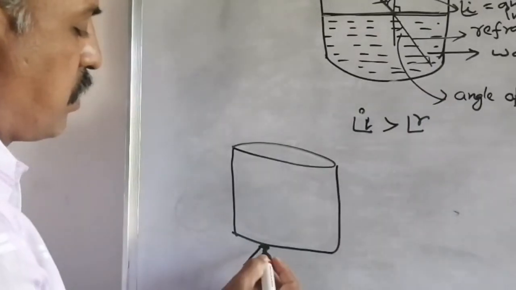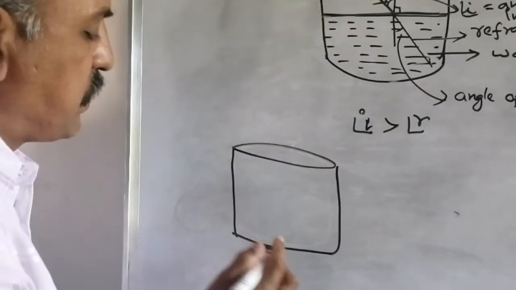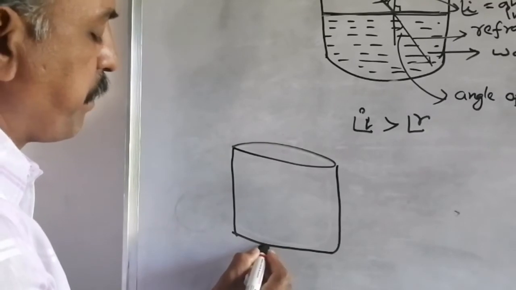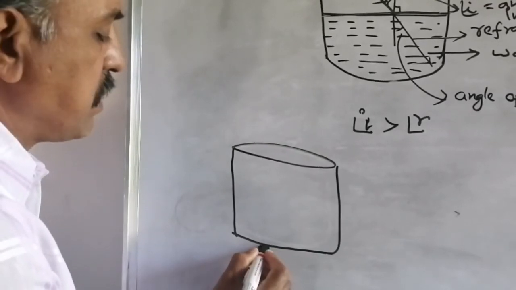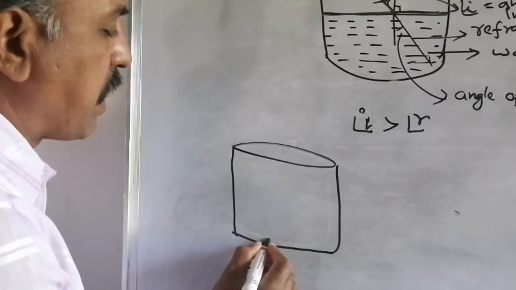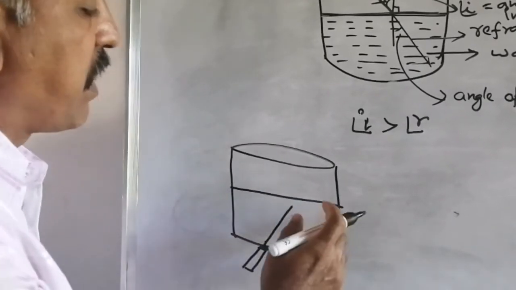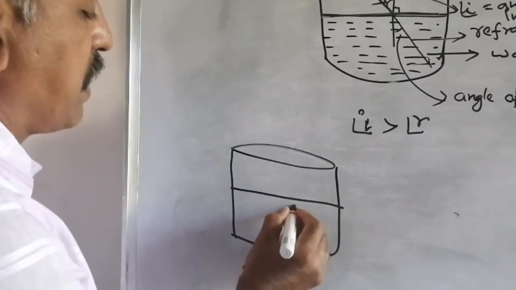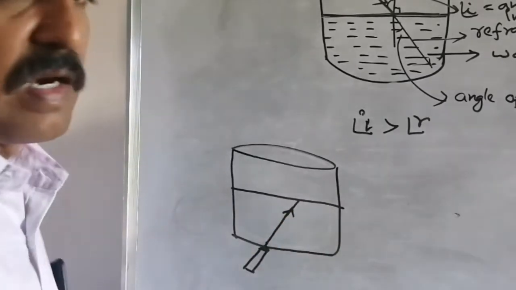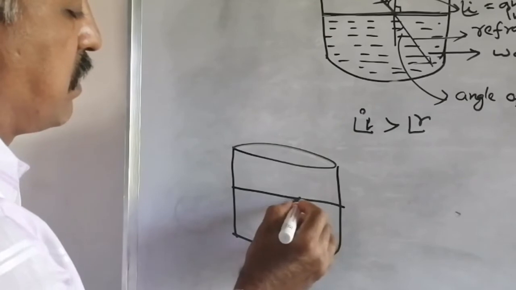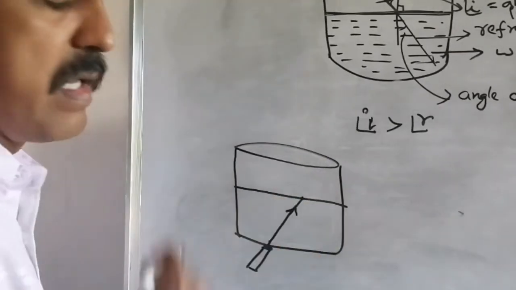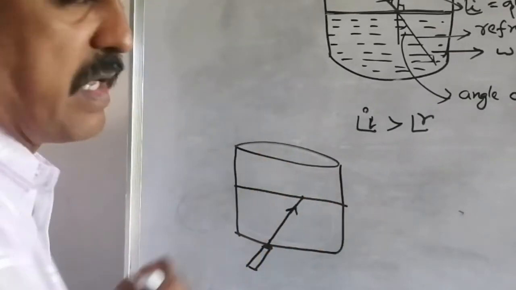When the torch is switched on, the beam of light passes through the water. This is the interface. Whenever the incident ray touches a point of the interface, that is the incident point.